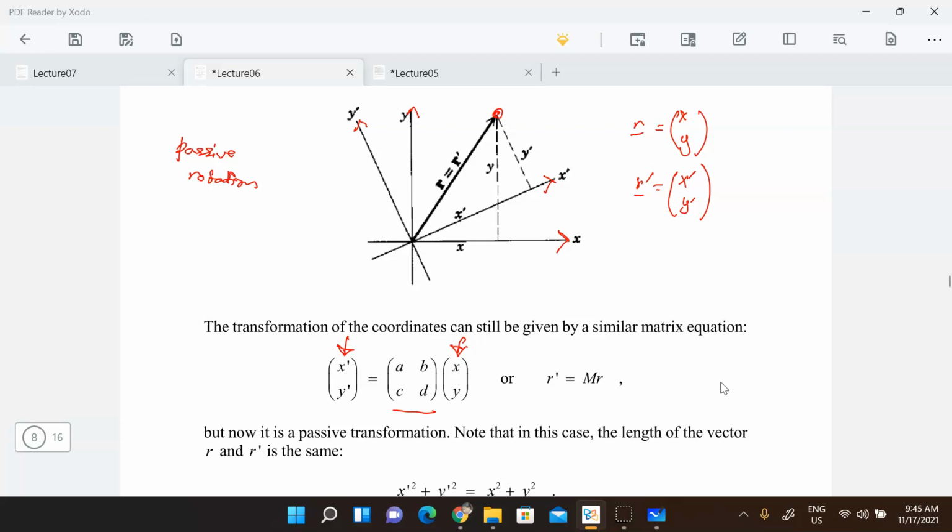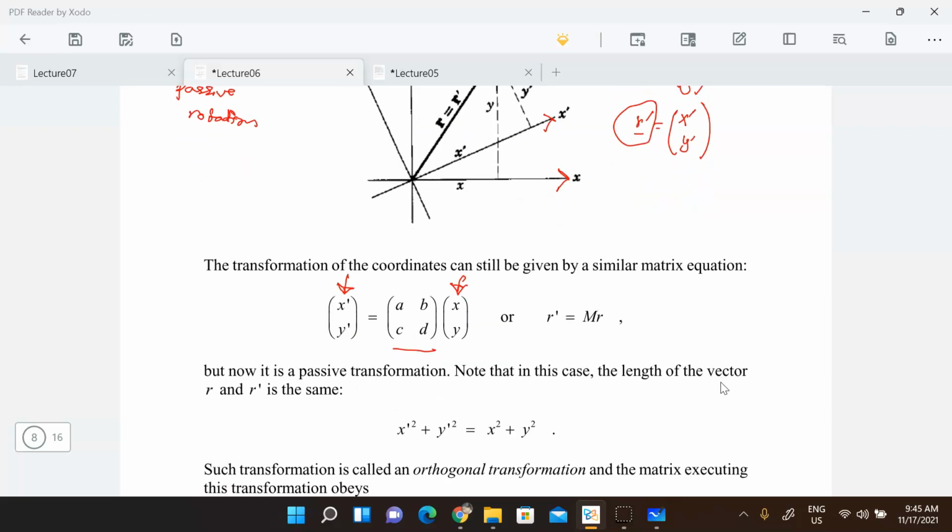Now, in this kind of rotation, what can you understand? What is the thing that doesn't change, particularly with respect to vector r and vector r dash? What doesn't change? The answer is just below. You can just read it. What doesn't change?